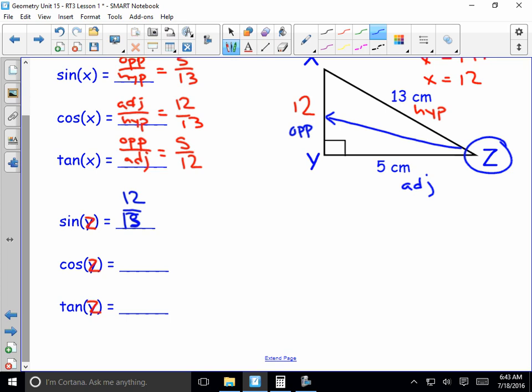The cosine, adjacent over hypotenuse, 5 over 13. Okay, notice how they're just the flip of the sine and cosine of x. And then tangent of z is opposite over adjacent, 12 over 5. So it's just flipping the tangent of x.